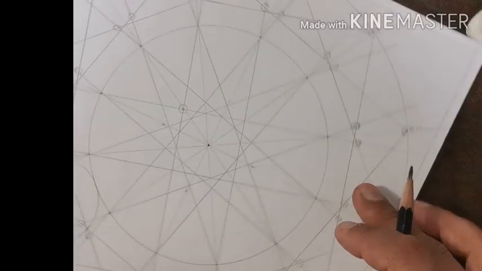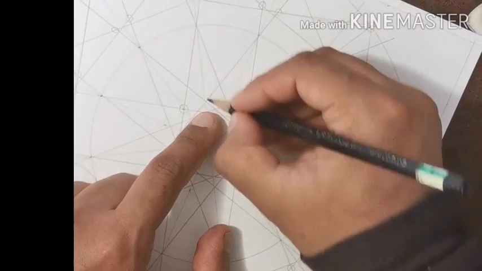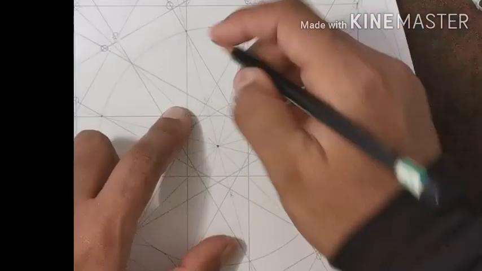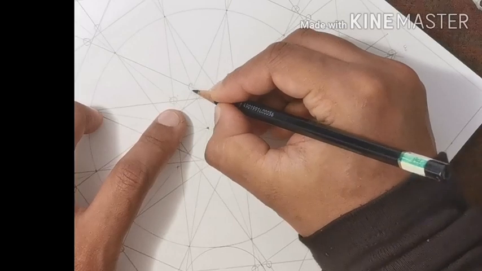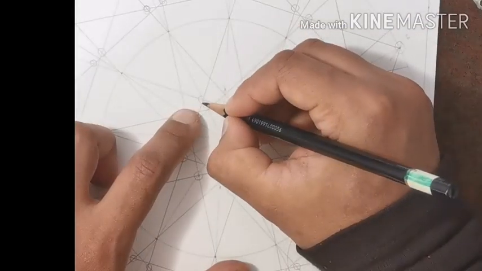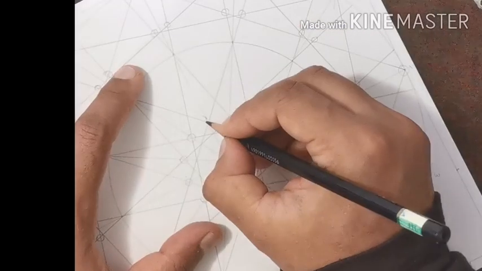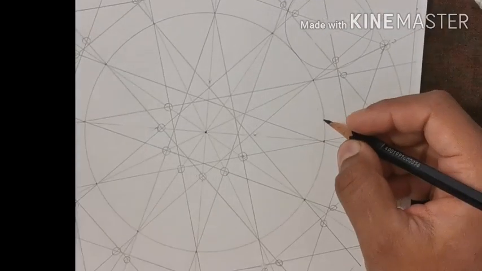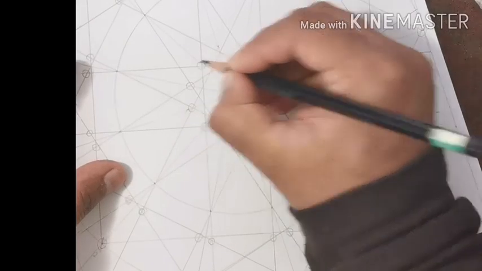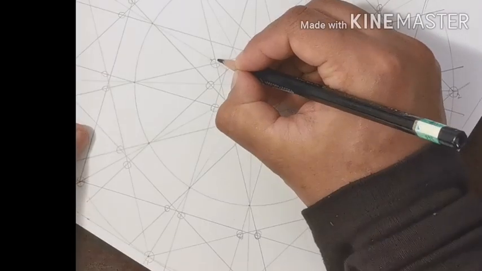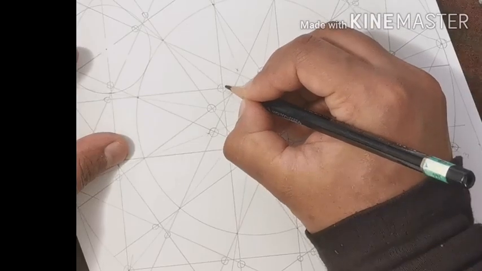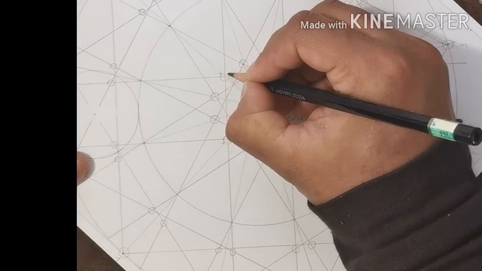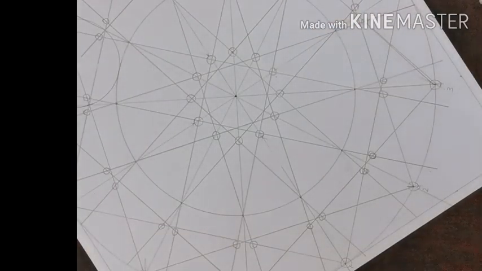This one, next is 2, 3, 4, 5, 6, 7, 8, 9, 10, 11 and 12. So you will get 12 points there.